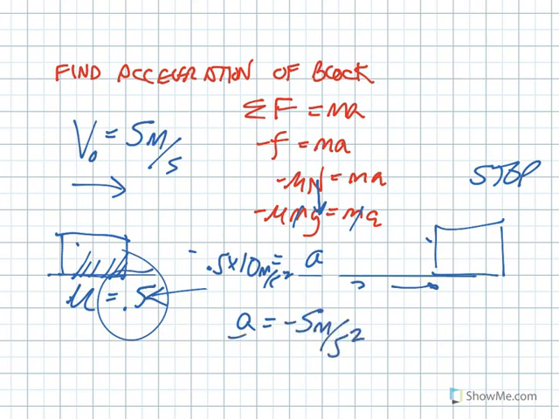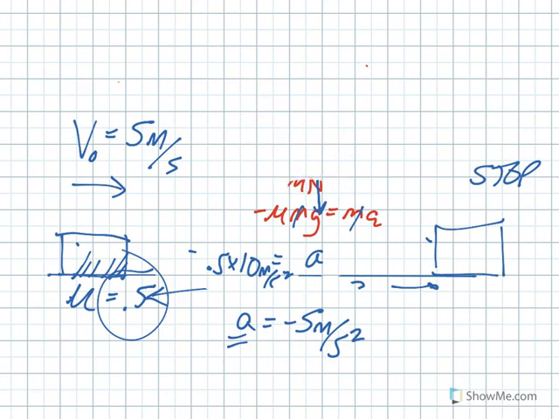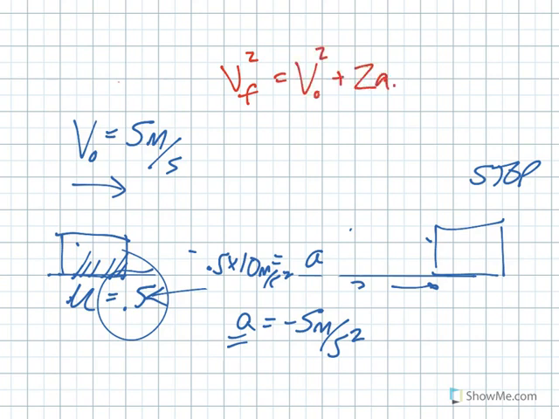Now that I know this acceleration, I can figure out what delta x is. Because I remember that V final squared is V naught squared plus 2a delta x. V final is 0, so delta x is minus V naught squared divided by 2 times a. Now you can plug in the numbers.